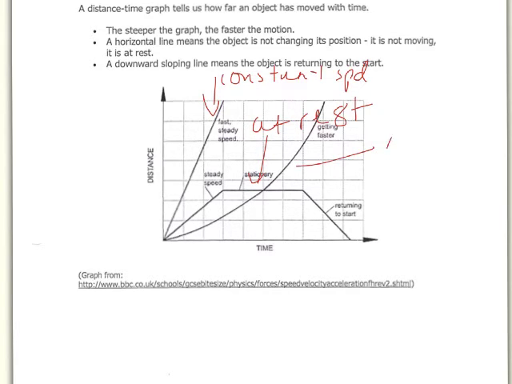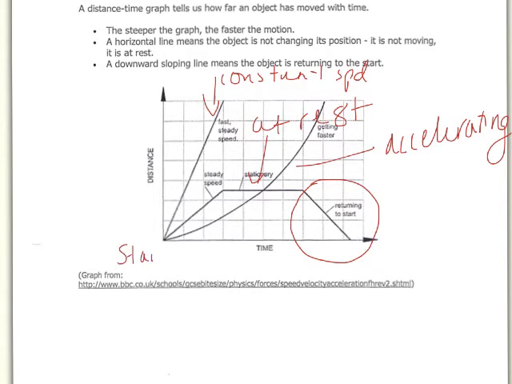Here is accelerating. And then this is something we haven't seen yet, but if you think about this being where you started, if you come back to 0 on your y equals 0, you've gone back to start. Okay?